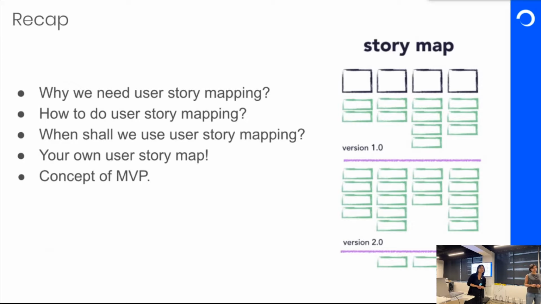Big picture, prioritization, and a few others. Very good. Anything else? Collaboration, communication, the holistic picture for the whole. The user. Yeah, to understand the user. Yes. And deliver the MVP. Yeah, deliver MVP. Control the scope.